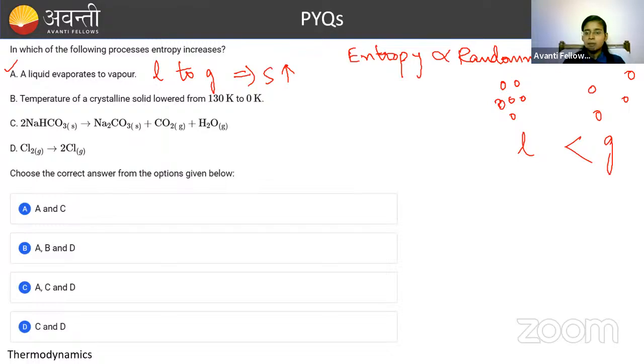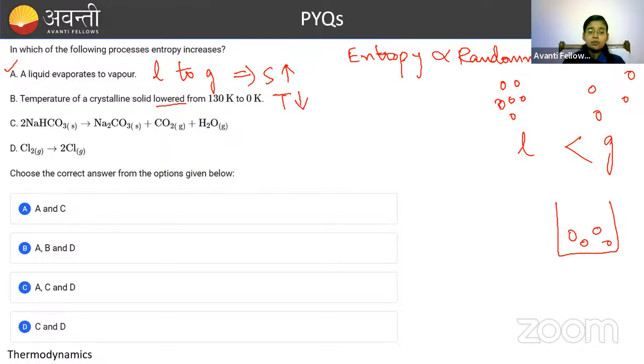What about in B? Temperature is lowered from 130 to 0. Temperature is decreasing. I have a system in which the gas molecules are there. If I decrease the temperature, what will happen?